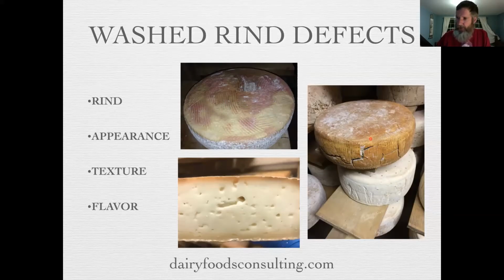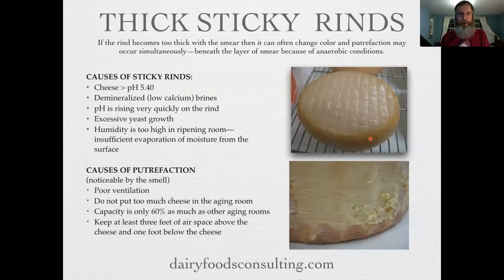So here we go. Let's take a look at washed rind defects. And the first one that's really common, and I've struggled with this to learn how to do good washed rind affinage, and finally have a handle on it after all these years. I think I can do a reasonably good job making washed rind cheese.